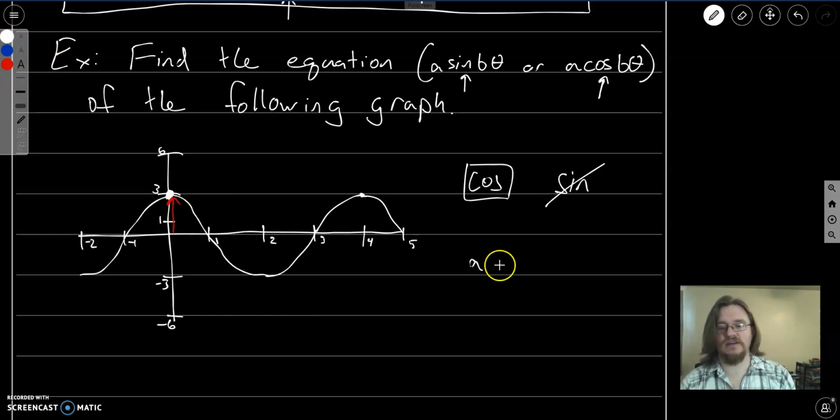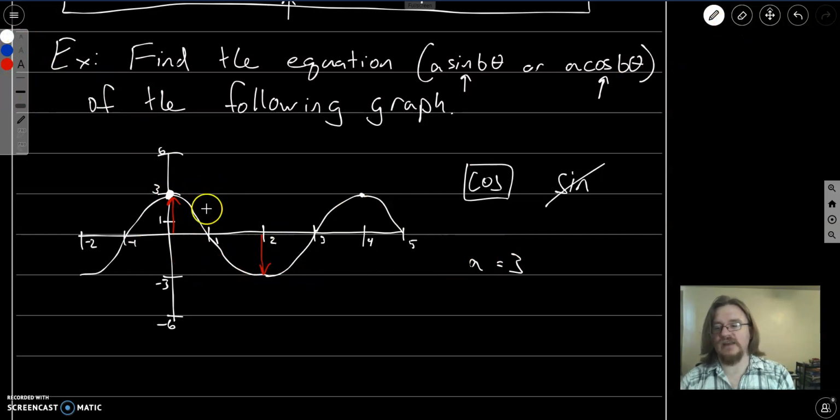So a here is going to be 3. And again, we can see that the amplitude of our function is going to be 3. So a should be 3 or -3, but since we're going from 1 up to 3, we know that we're going to be positive 3.